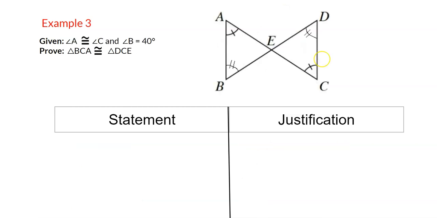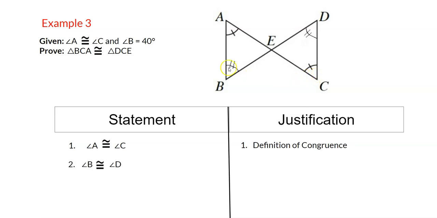Our third example is that angle A is congruent to angle C, and angle B is equal to 40 degrees. We have to prove that the two triangles are congruent to each other. I can say that angle A is congruent to angle C because of the definition of congruence, because that was given to us.